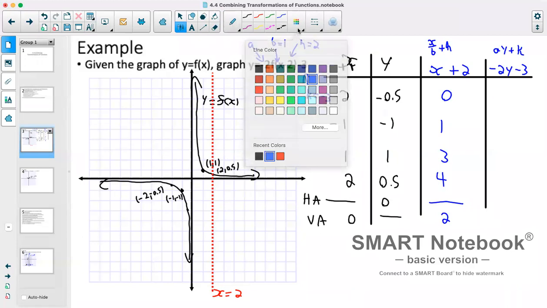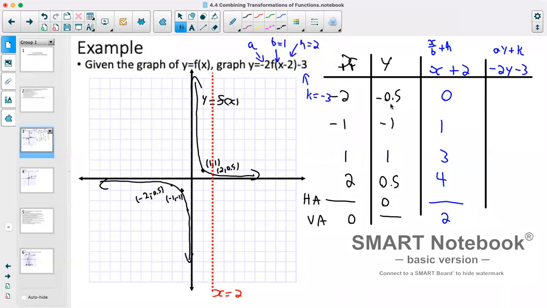Now we'll look at our y values. So we have negative 0.5 times negative 2, that'd be 1. 1 minus 3 is negative 2. Next, we have negative 1 times negative 2 is 2, minus 3 would be negative 1. Next, we have 1 times negative 2 is negative 2, minus 3 is negative 5.